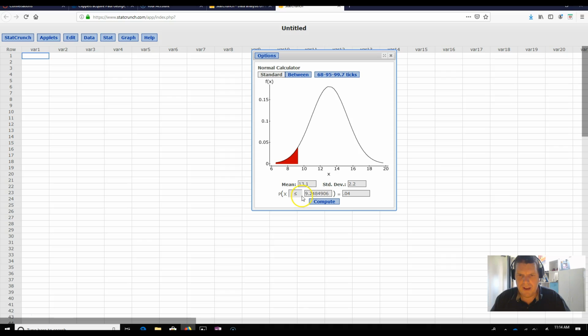And there it is. You see the value is 9.248 years. A key thing to remember is that we always want to put the units on, because it helps us understand what our answer is to the question.